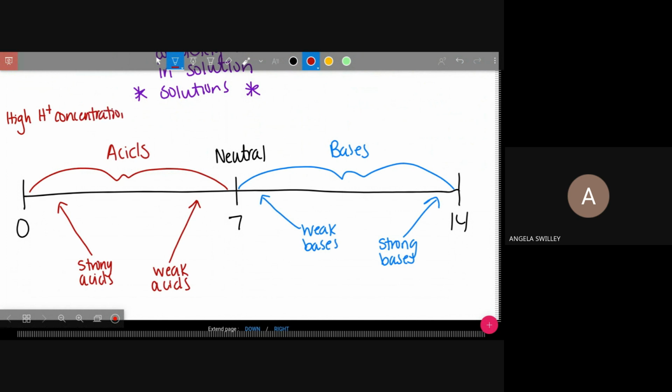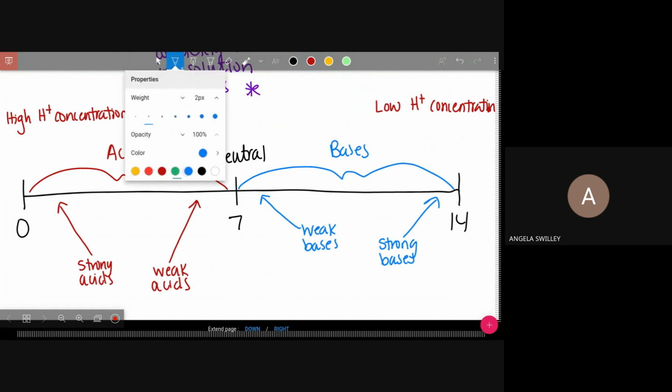It's how much of something we have. And so we have a high amount here. What about on the other side? How much hydrogen do we have? Not a lot. Because hydrogens are released from acids. So if we're on the basic side, you may have a little bit, but not a lot. So a lot of hydrogen on the left side and not a lot on the right side.